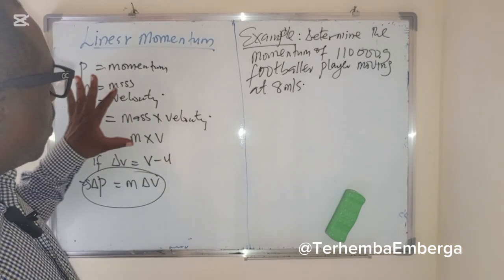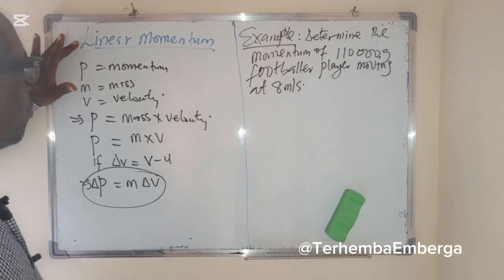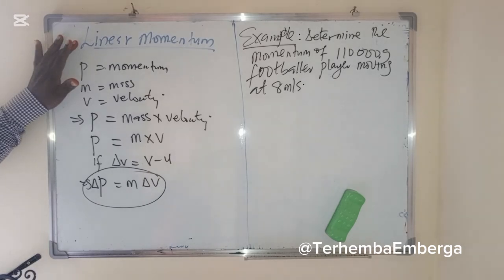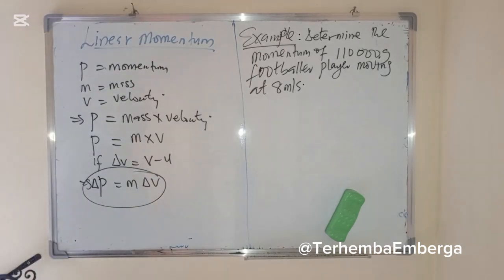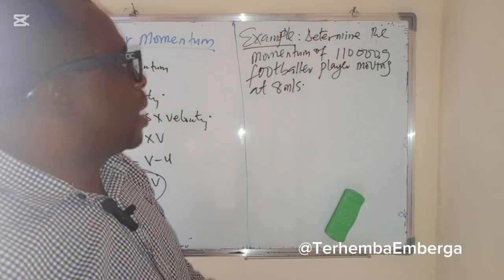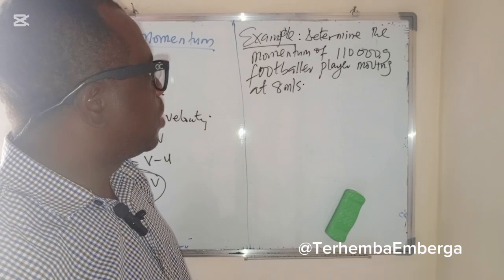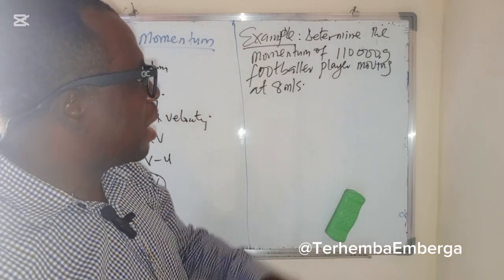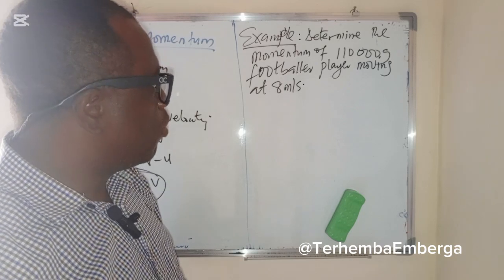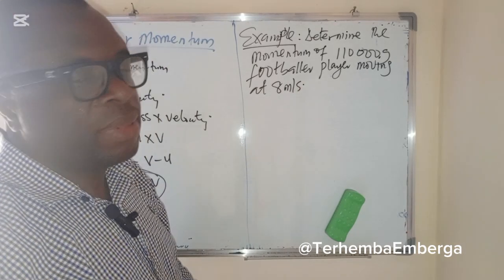But before we talk about this, when we talk about linear momentum, remember we also have what we call angular momentum, which will be another discussion for another class. So let's look at this simple example. Determine the momentum of 110,000 grams footballer player moving at 8 meters per second.